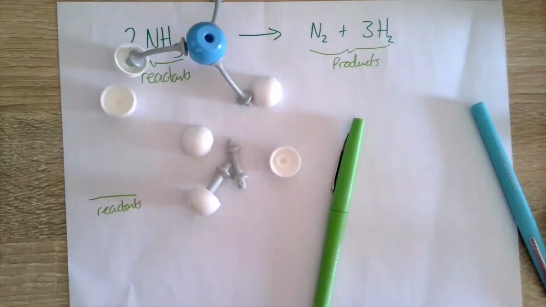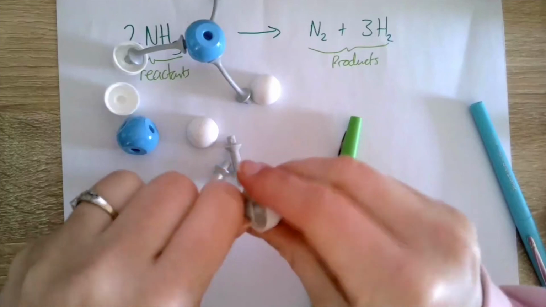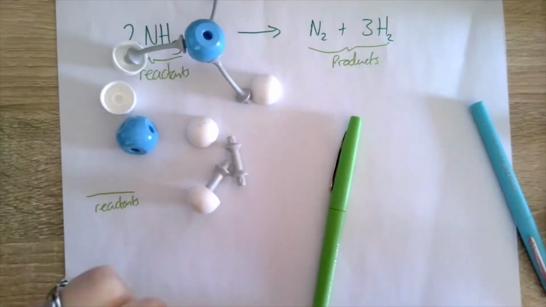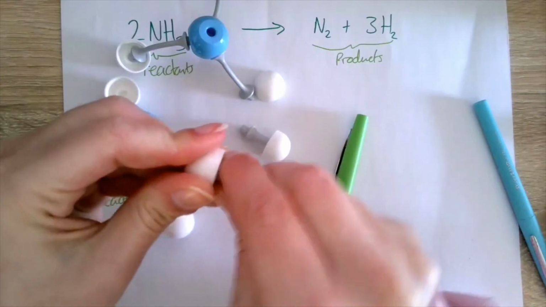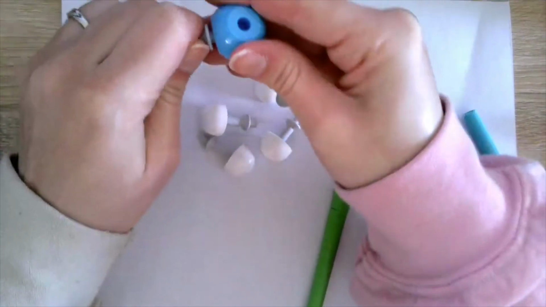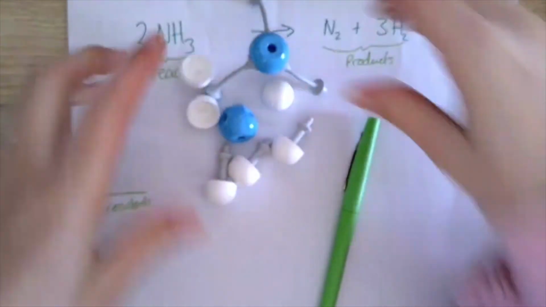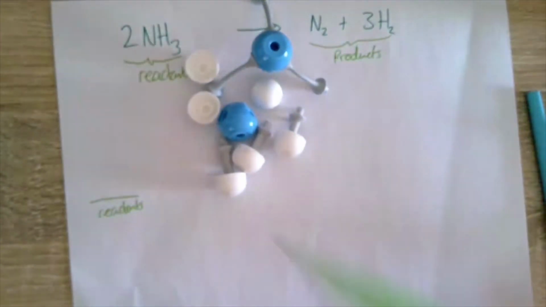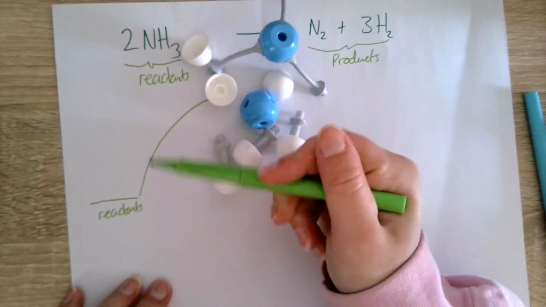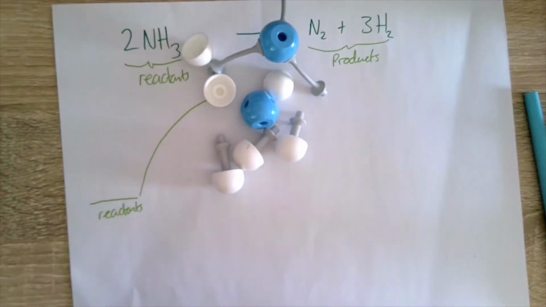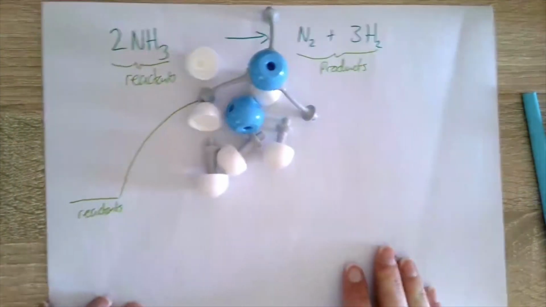Just want to keep these bonds with the hydrogens, otherwise when we come to make them we'll have too many bonds or too few bonds in some of our atoms. So we've now broken 6 N-H bonds. So that's taken energy in order to do that, to get to this state.